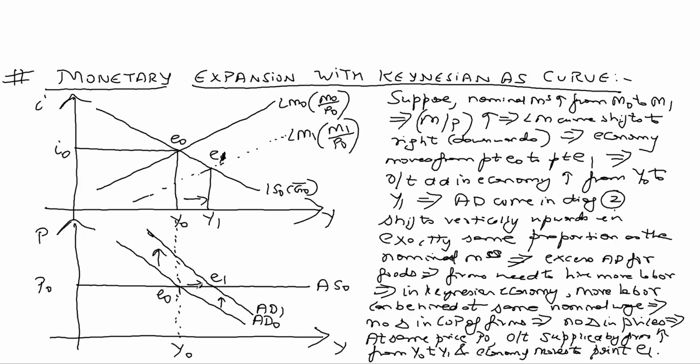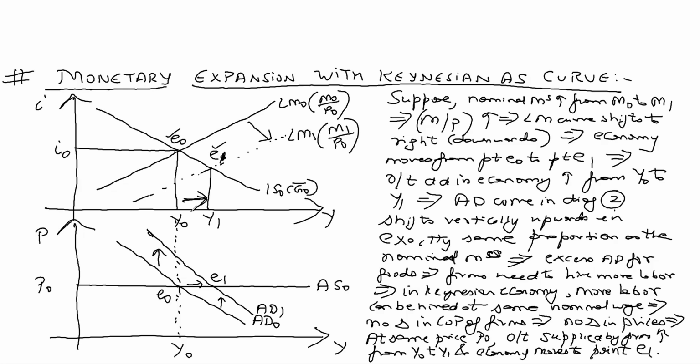So you can see that monetary expansion is successful under the Keynesian economy. When nominal money supply goes up, LM curve shifts down vertically and to the right. As a result, the whole monetary policy chain happens, which we have done in the ISLM lectures. Economy moves from point E0 to point E1. Output demanded in the economy goes from Y0 to Y1. This causes the aggregate demand curve in diagram 2 to shift vertically upwards in exactly the same proportion as the money supply.